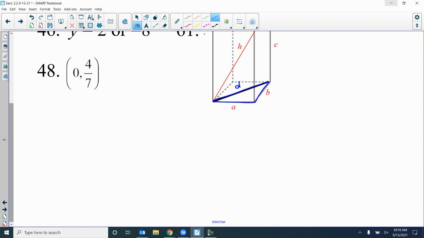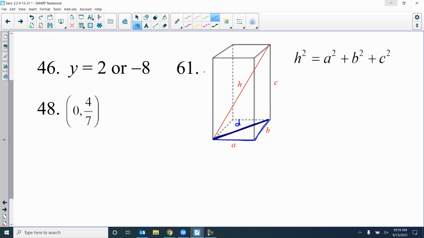Well, if it's a right triangle, Pythagorean theorem works, right? Well, what would the Pythagorean theorem tell me for that right triangle? How would you use it? Katie? A squared plus b squared equals d squared. So a squared plus b squared equals d squared. All right, I agree. Now look at this. With this H, D, and C, what type of triangle does that have to be?